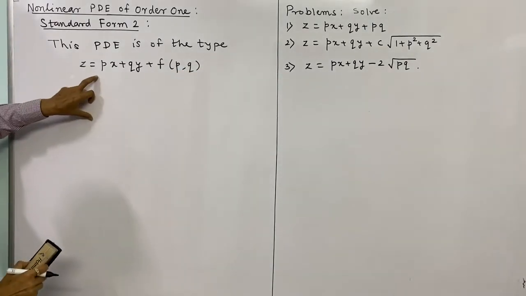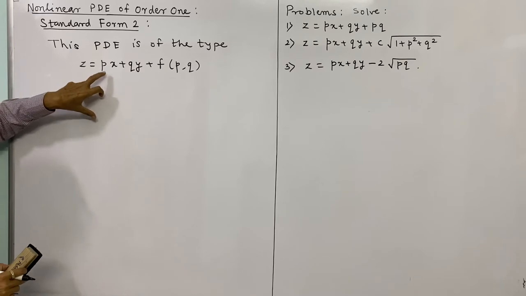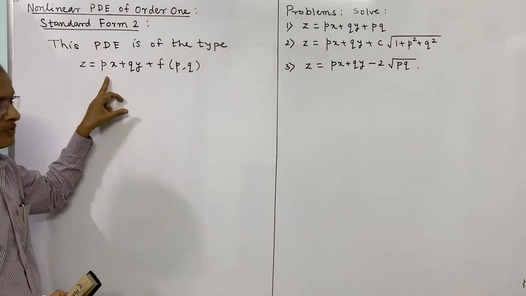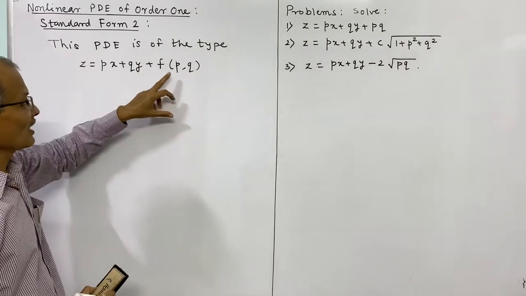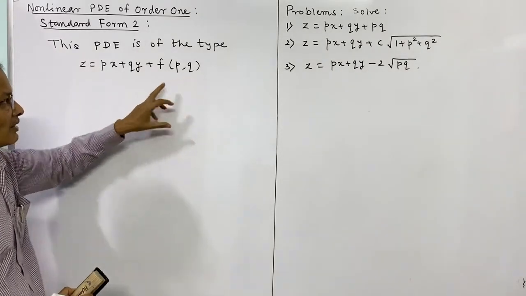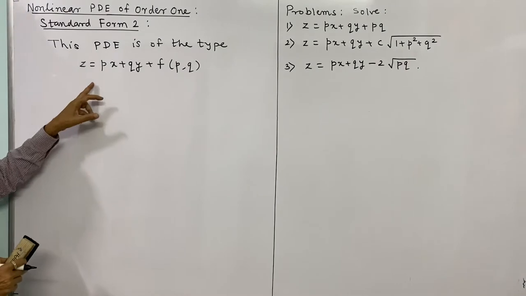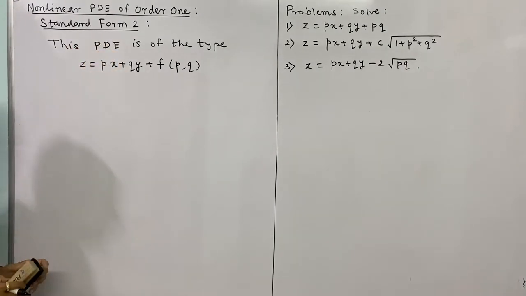So this type of partial differential equation, where p is the partial derivative of z with respect to x, q is that with respect to y, and this is a function of p and q, is called standard form 2.